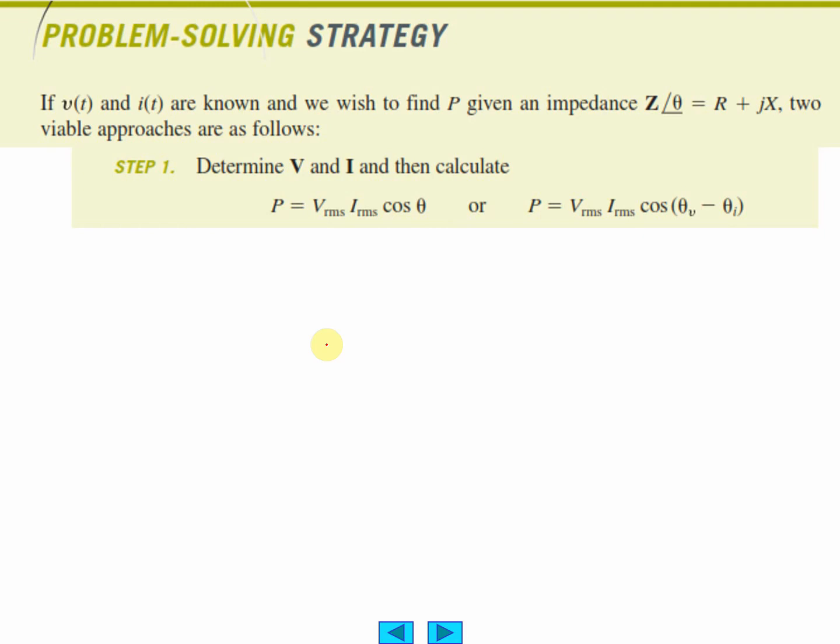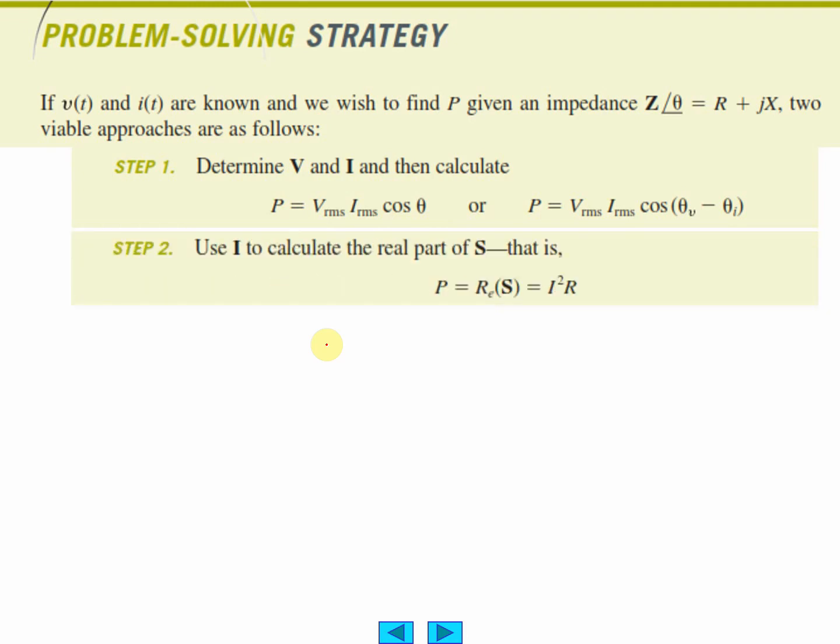So here's the strategy. You have an impedance, and you can get V and I and determine, do it this way, finding the power factor, or the cosine of the angle between V and I, or the cosine of the impedance angle. You can calculate the real part of S. So power equals I squared times R, not V squared over R. Just remember that.